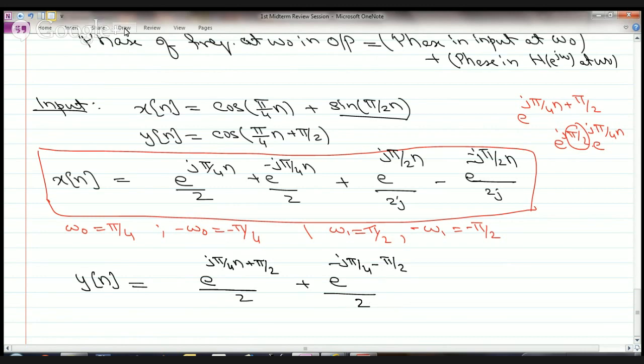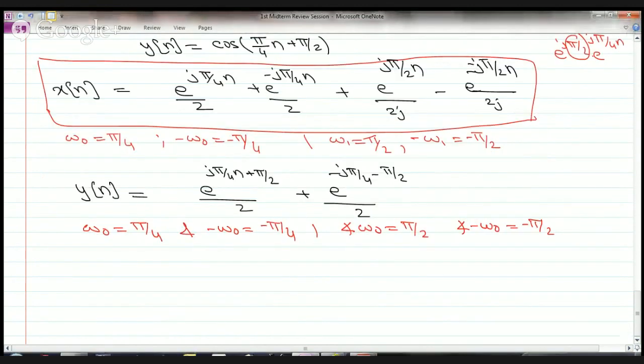I have only omega naught equal to pi by 4 and minus omega naught equal to minus pi by 4. In addition, I have the phase of omega naught is pi by 2, and the phase of minus omega naught is minus pi by 2.